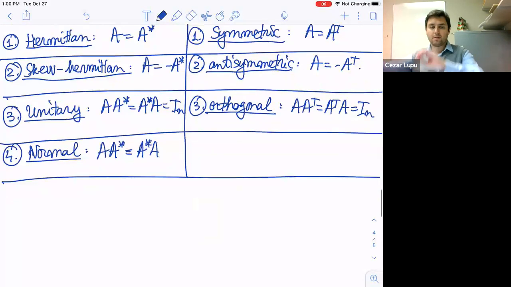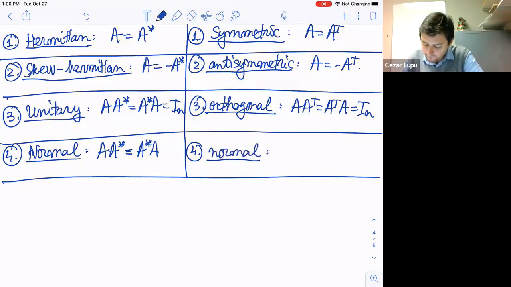And for normal matrices, we'll translate this for real: normal, but this time A A transpose is the same as A transpose times A.